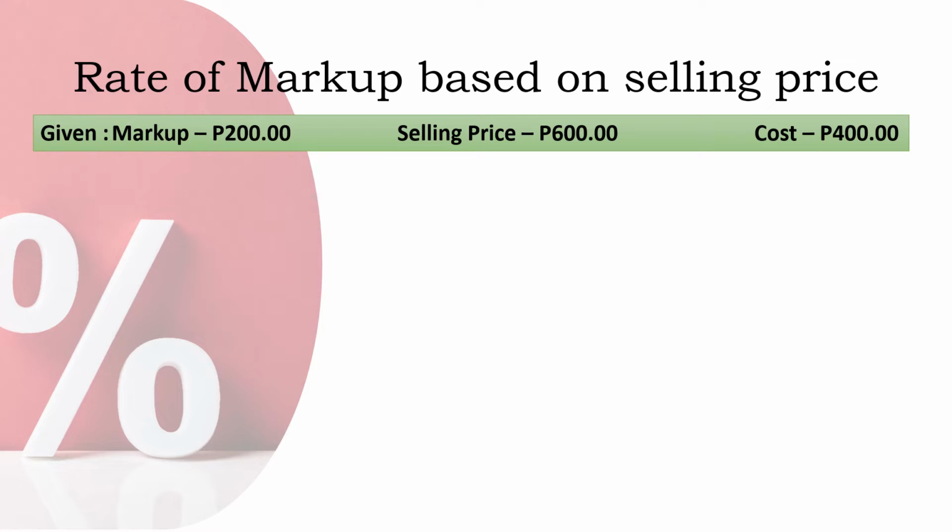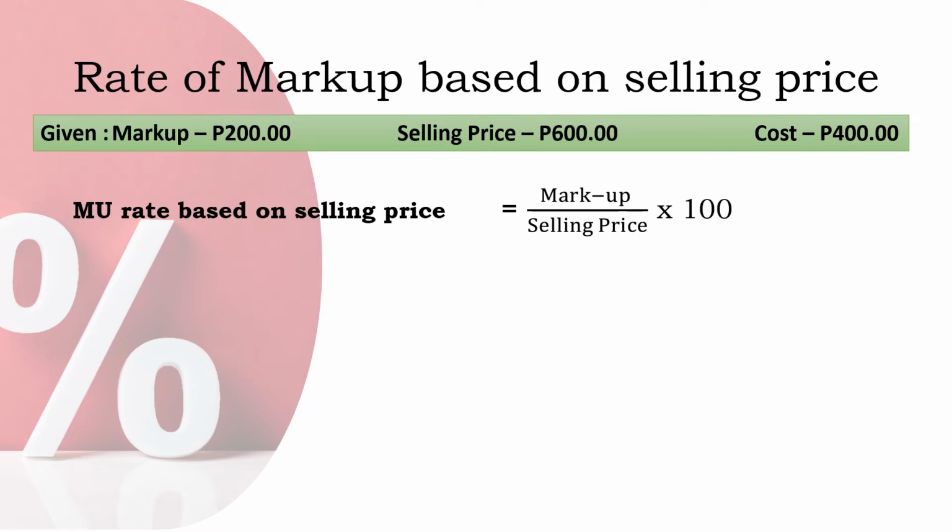For the rate of markup based on selling price, we have here a given. Markup 200, selling price is 600, the cost is 400. The formula to be used is markup rate based on selling price is equal to markup divided by selling price, and the product of this will be multiplied to 100.